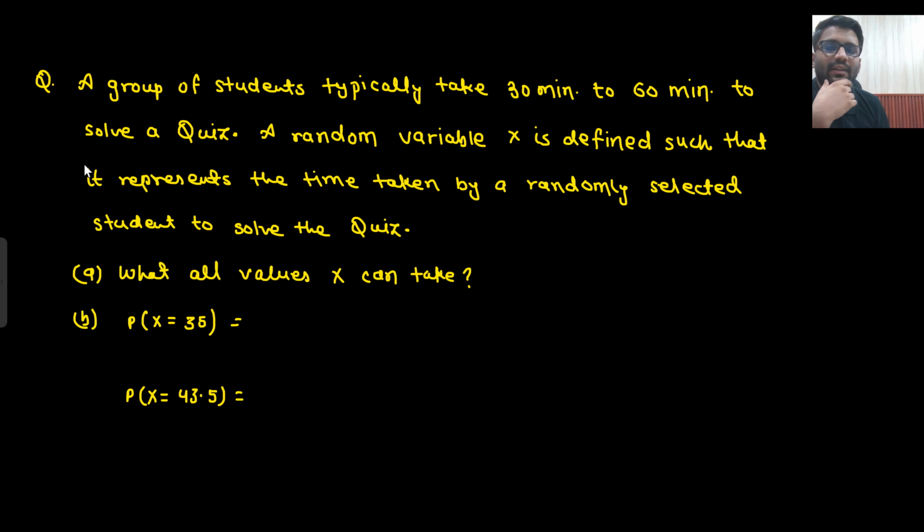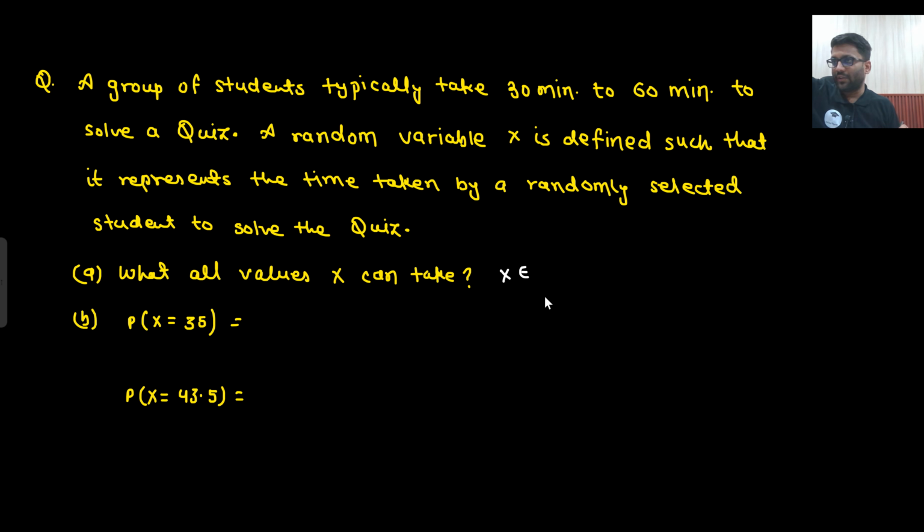But now this is an example where a group of students typically take 30 minutes to 60 minutes to solve a particular quiz. A random variable X is defined such that it represents the time taken by a randomly selected student to solve the quiz. So what values can X take?